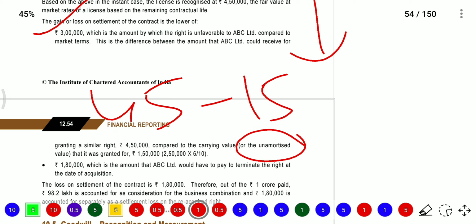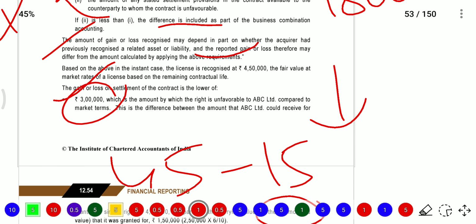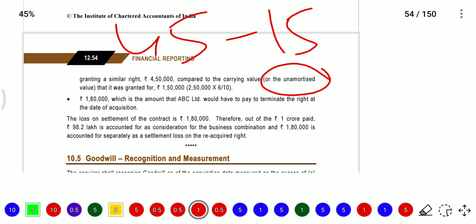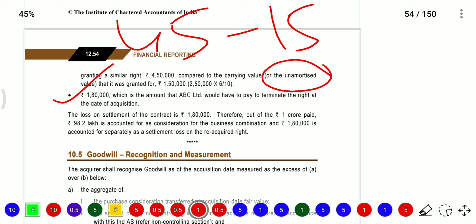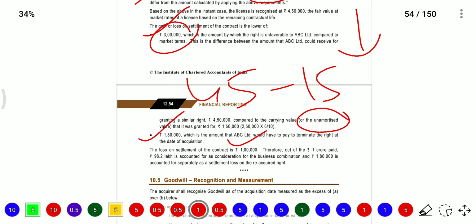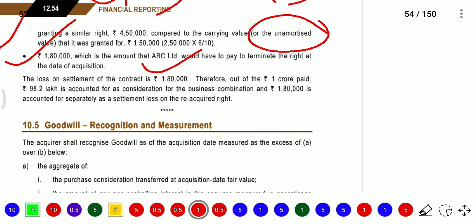The 1,50,000 is the amortized value which is granted, 2,50,000 into 6 by 10. It will become the 3 lakhs amount, which is the amount by which the rights are unfavorable to ABC Limited. And the other one is the settlement amount, 1,80,000, which will be the termination right on the date of acquisition. So 1,80,000 will be the loss, whichever is lower. 1,80,000 will be the loss.